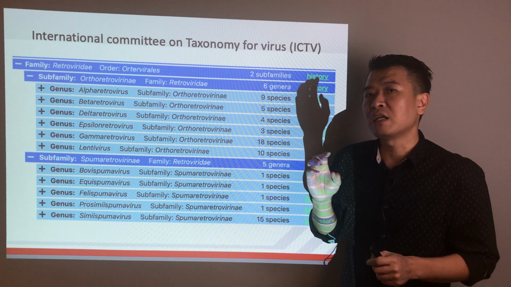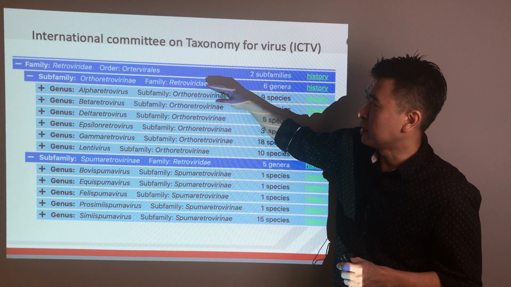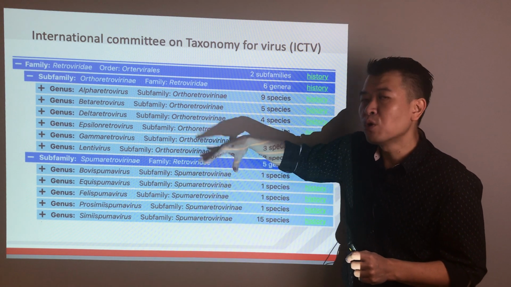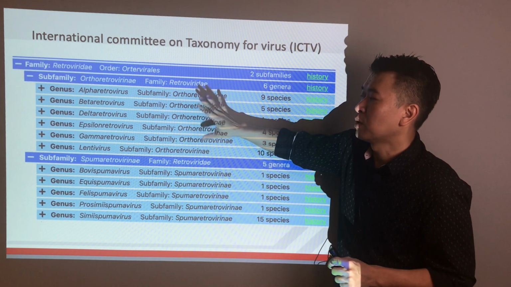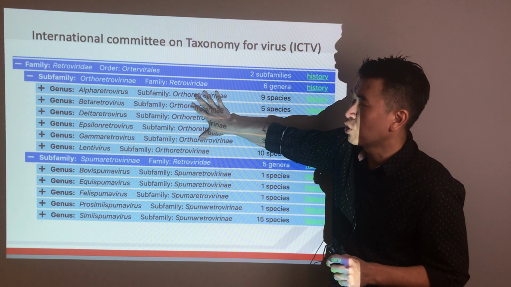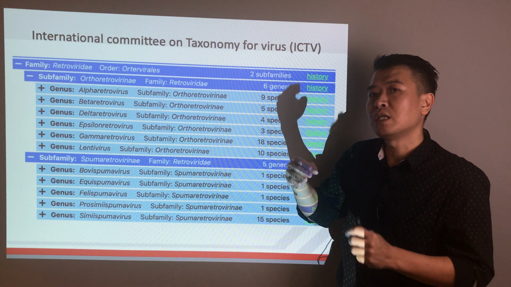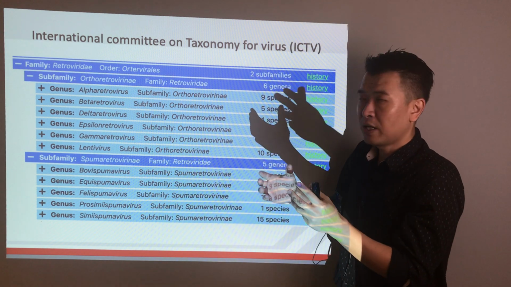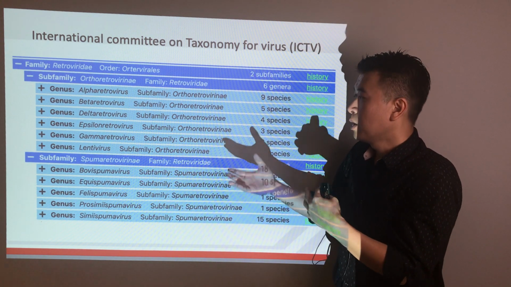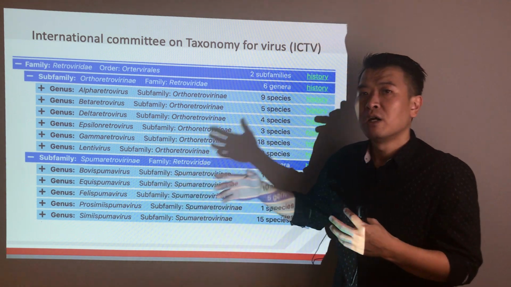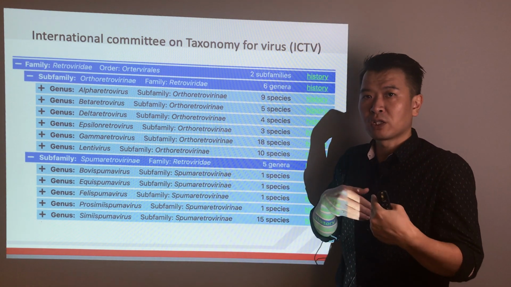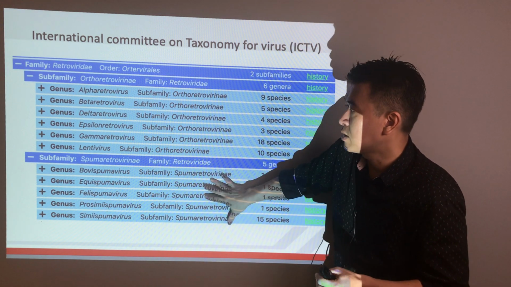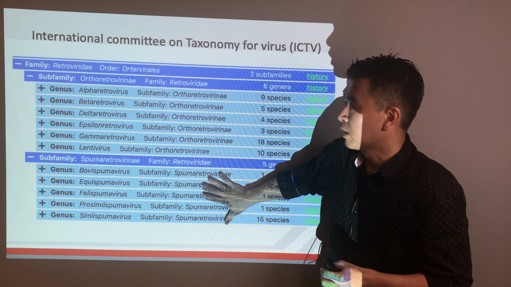The distinctive difference between this group and the other is that all the Orthoretrovirinae use the cytoplasmic membrane as their membrane during budding. But the Spumaretroviridae use the endoplasmic reticulum membrane as their viral membrane. This is one of the distinctive characteristics.